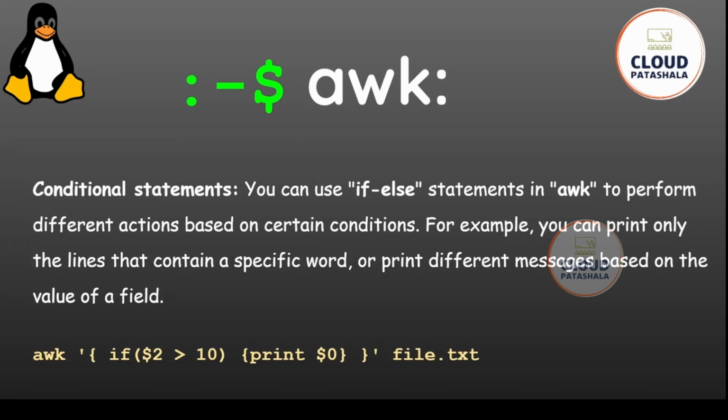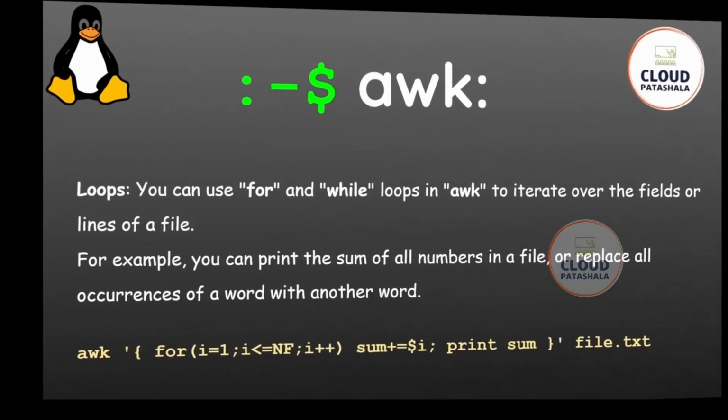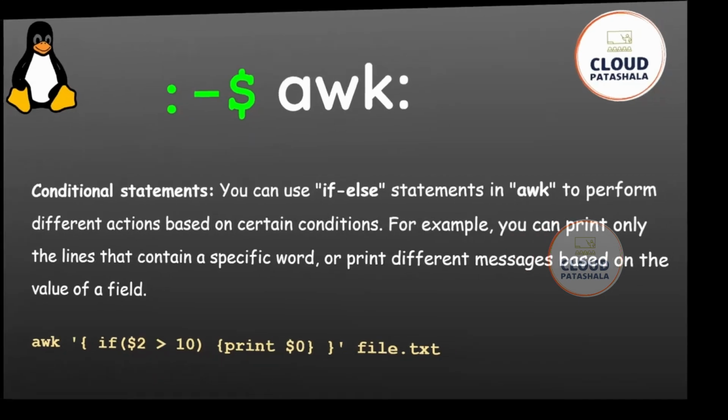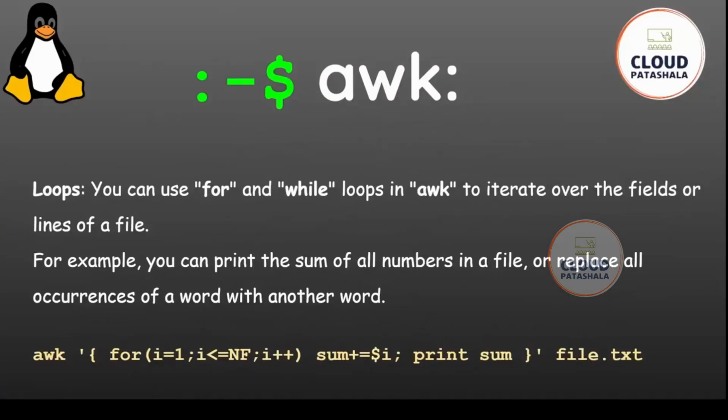In this example, this would print $0, which is the entire line, if $2, that is the second field in that line, is greater than 10. So if it is less than 10, it would not print anything, but if it is greater than 10, it would definitely print the lines which match the condition, that is, field number 2 is greater than 10. We can also have loops, that is for and while loops, in the awk command.